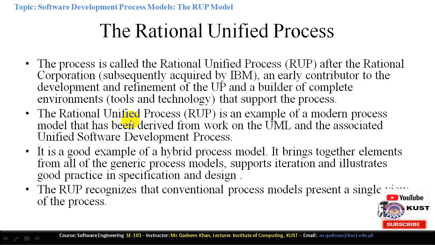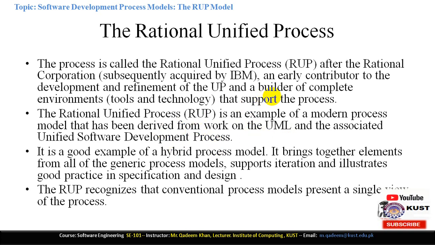Another important concept in the rational unified process model is the concept of the UML. Basically, UML is used in the RUP model. UML, Unified Modeling Language, is in fact a software development and designing framework in which we design different sorts of patterns and frameworks for the development.